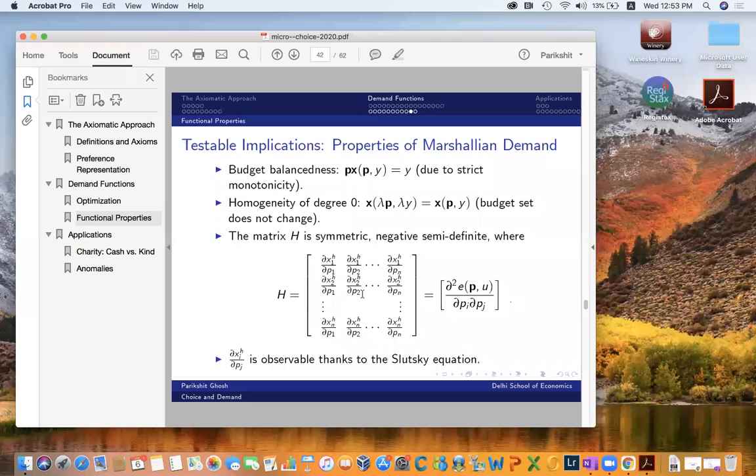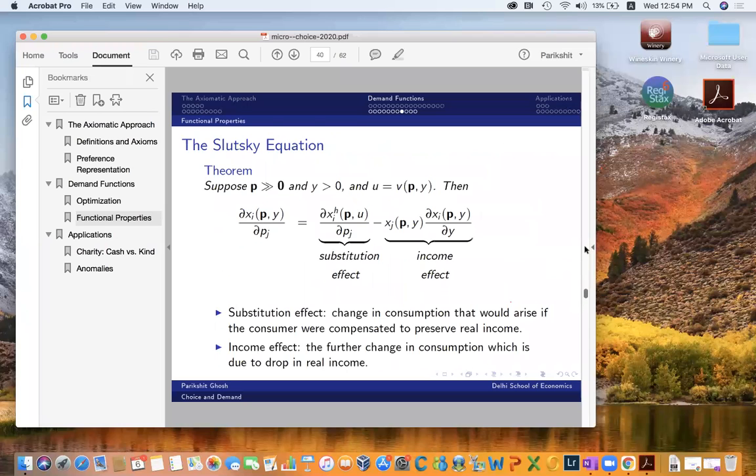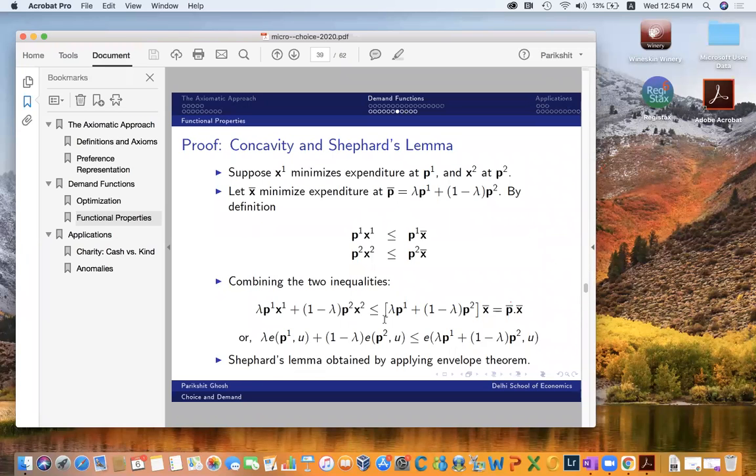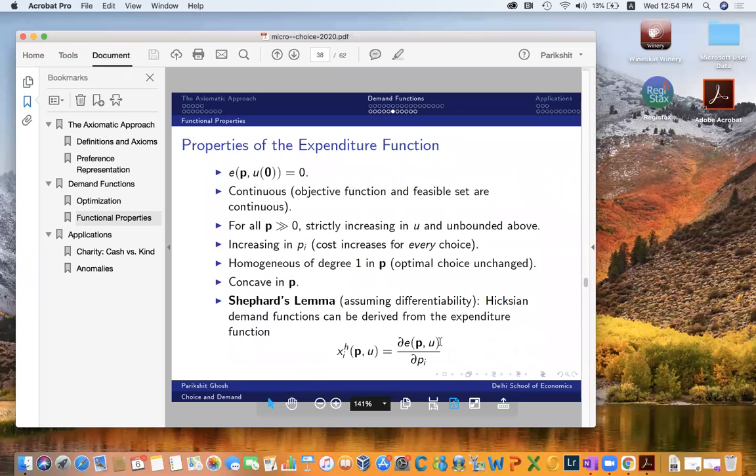These are the first derivatives of the Hicksian demand function. What allows me to go from this matrix to that matrix? Shephard's lemma, right? Shephard's lemma is exactly why we proved it. Shephard's lemma says that the first derivative of the expenditure function with respect to, let's say, the ith price gives us the ith Hicksian demand function.